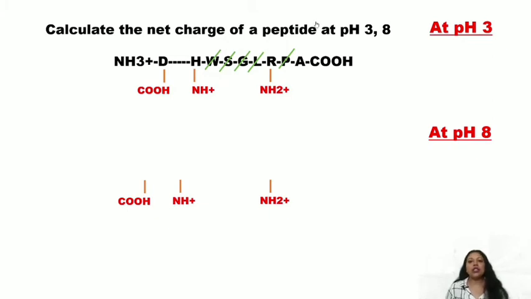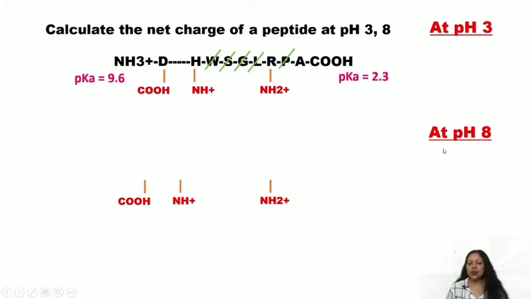So just cross them out, and you can rewrite the rest of the amino acids in the next line, or you can do the calculation right here by just mentioning the R groups of the amino acids. Correct? So aspartic acid has a carboxylic group in the R chain. Histidine has an NH plus group in the side chain, and arginine has NH2 plus in the side chain.